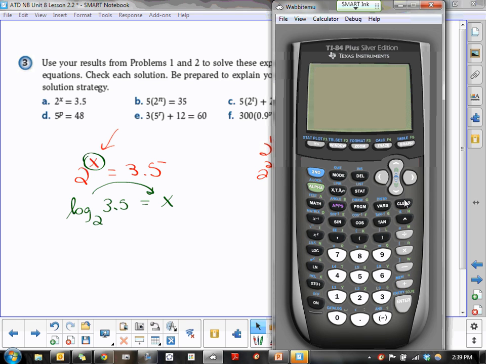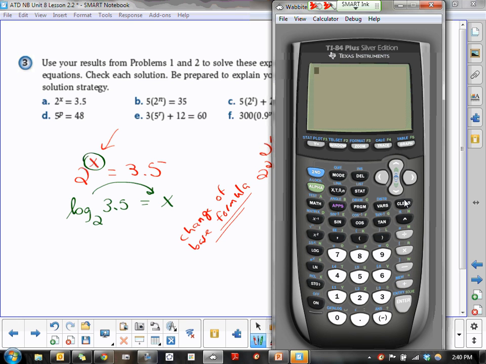Here's your final piece. If we run into a different base, you will have to use something called the change of base formula. It's really quite easy. That's why most of these engineers at TI or whoever makes your calculator don't put on a bunch of buttons for a lot of different bases.